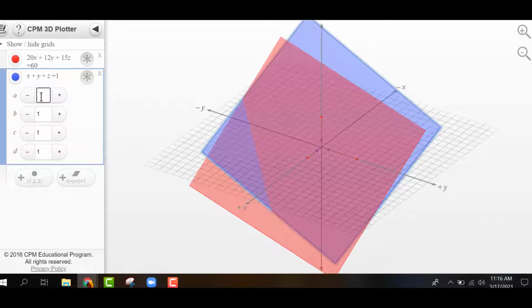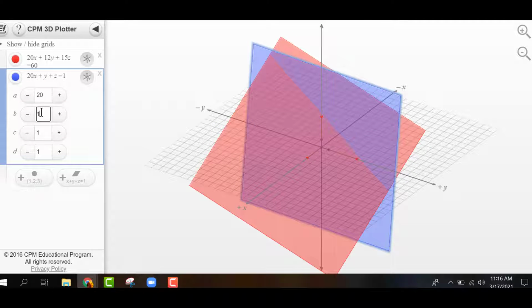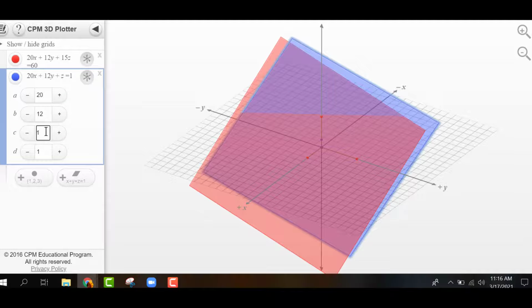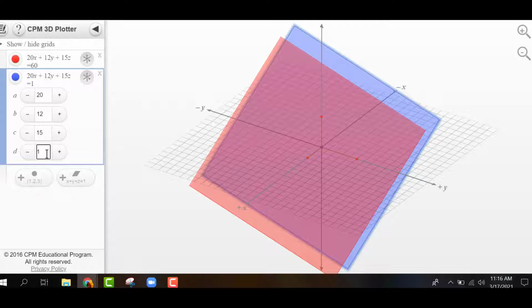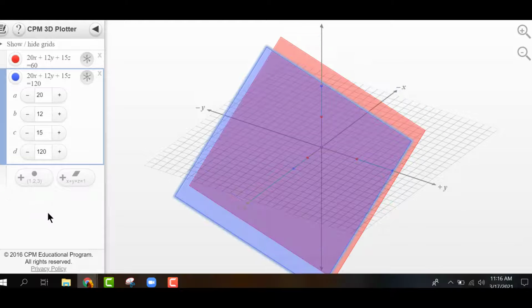So a was 20, b was 12, c was 15, and d, what it equaled, was 120. So I'll give you guys a minute to get that all plugged in.